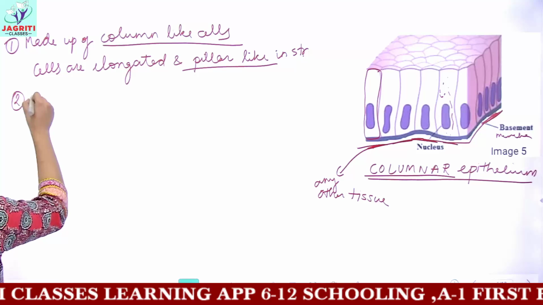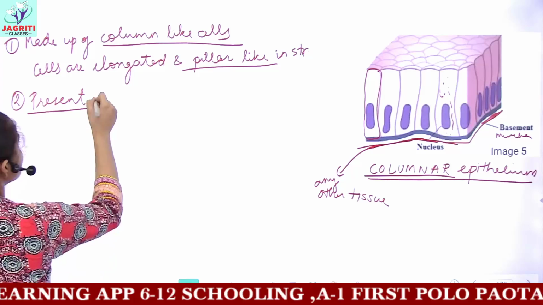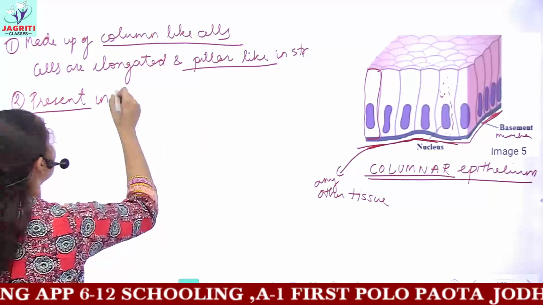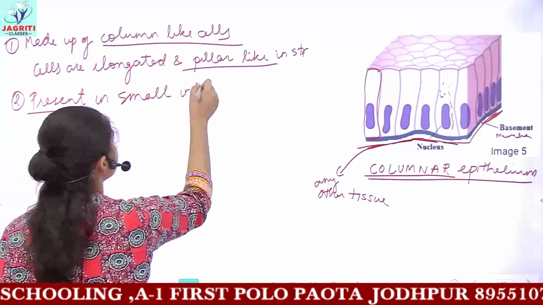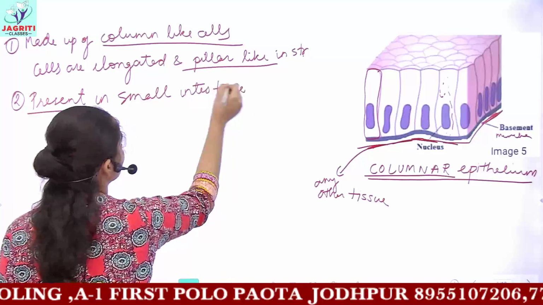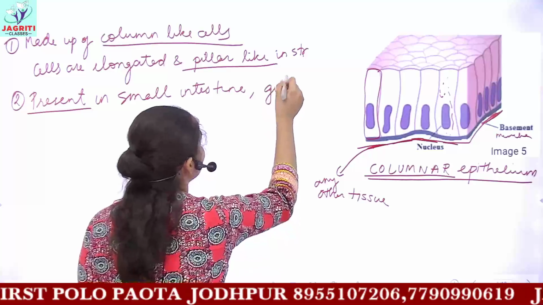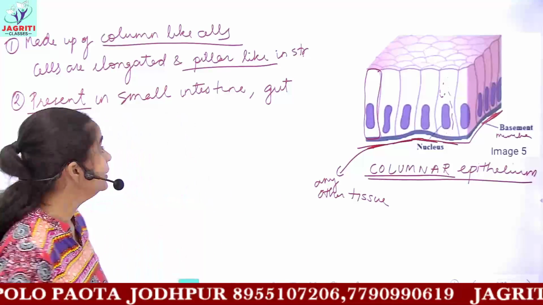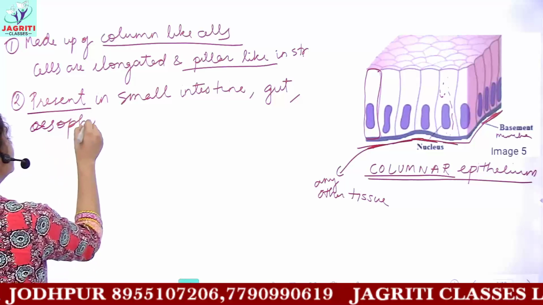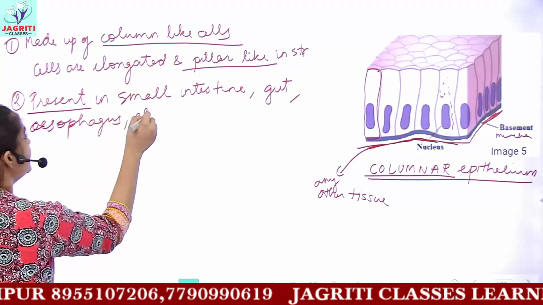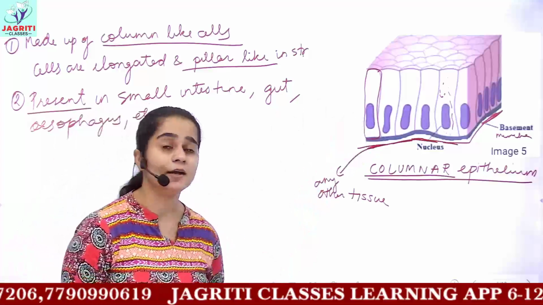Remember the location is very important. This type of tissue is present in the small intestine, or in your gut, that is the abdominal region. It is also present in the esophagus, that is your food pipe, and you can include many more locations wherever this tissue is found in our bodies.